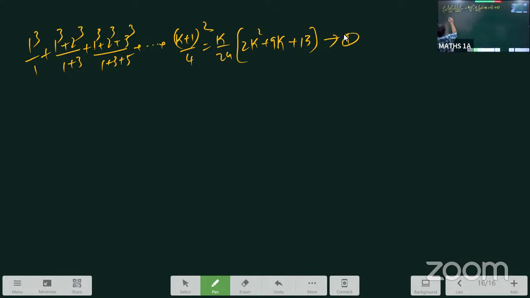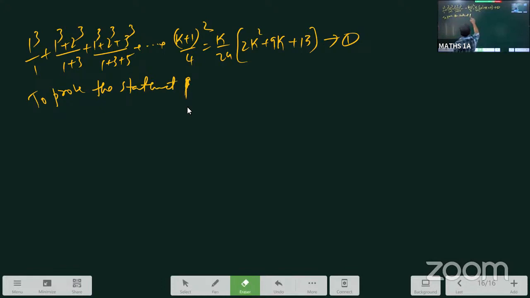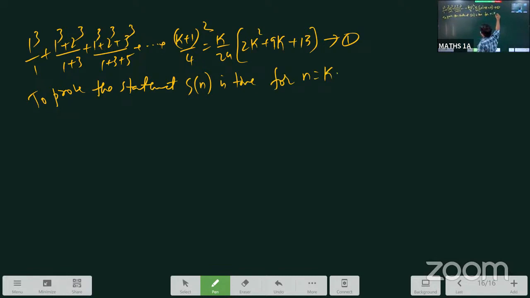Now, to prove the statement S of n is true for n equal to k plus 1.